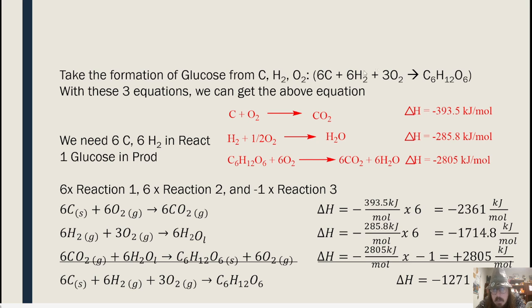And we'll notice that now matches the above equation. Well, now I need to add these numbers up. When I add these numbers up, it would produce 1,271 kilojoules worth of heat. That's what this reaction would entail.